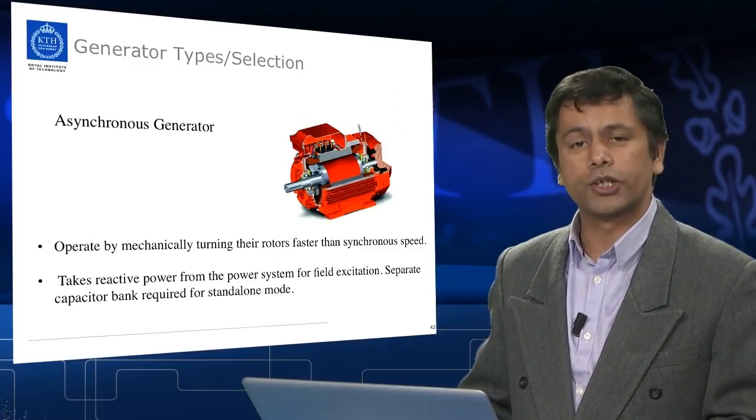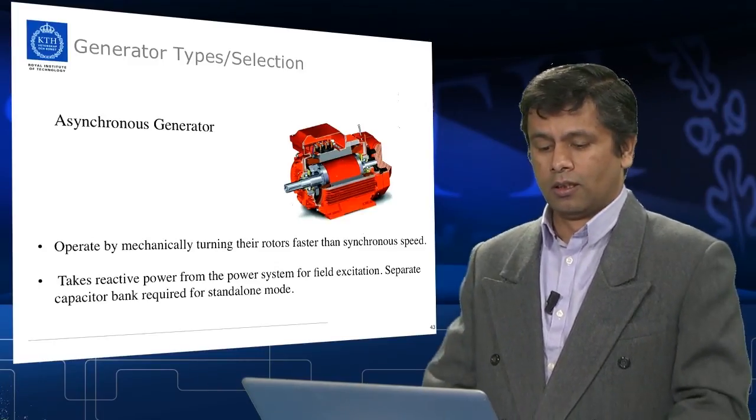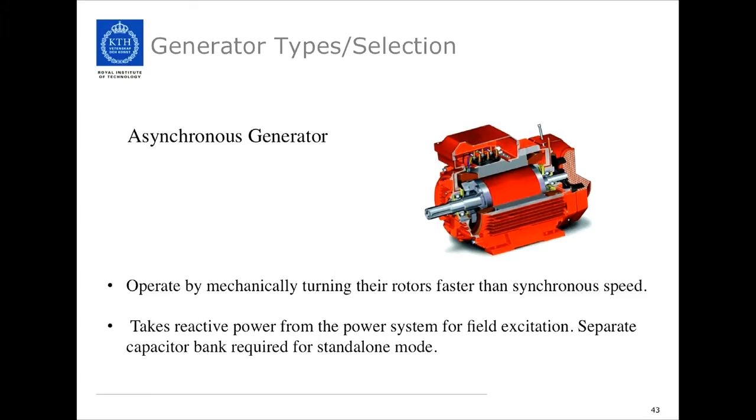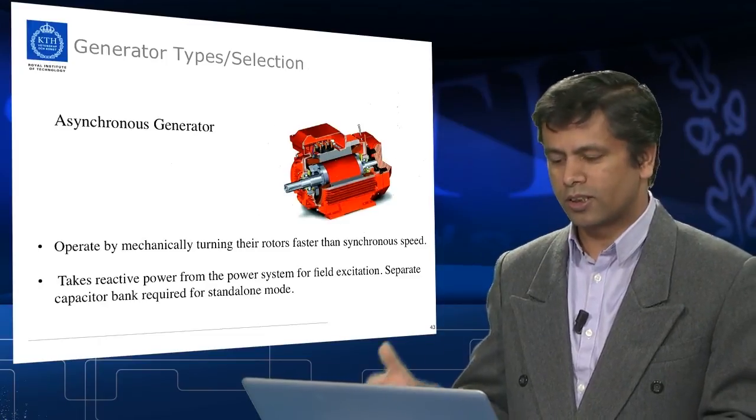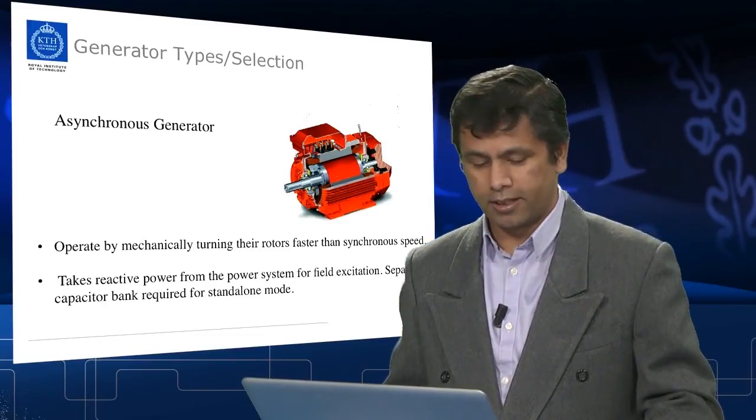And another one is the asynchronous generator, and this operates mechanically, turning the rotors faster than the synchronous speed. And once you try to run the motor faster than the synchronous speed, then it will start acting as a generator.